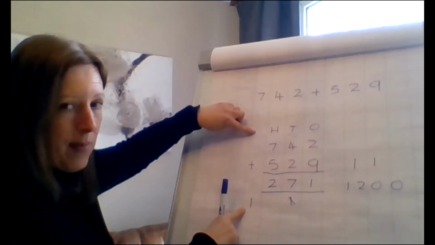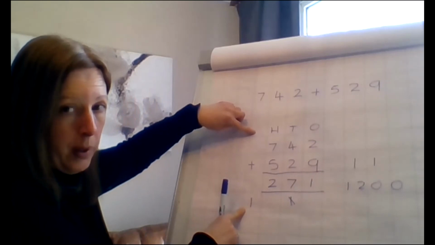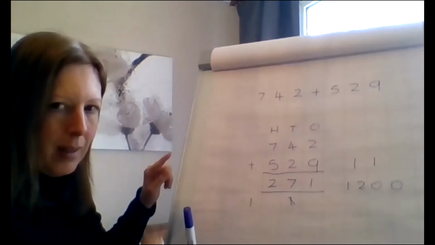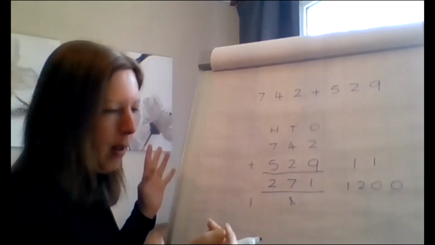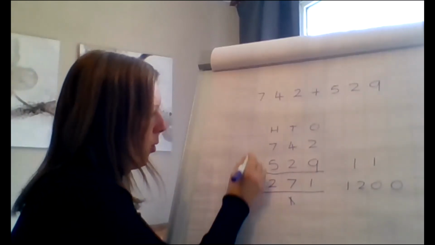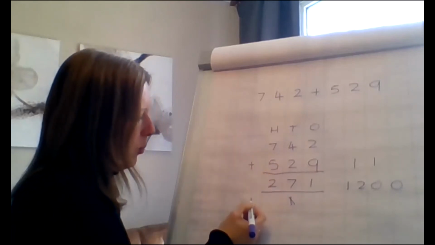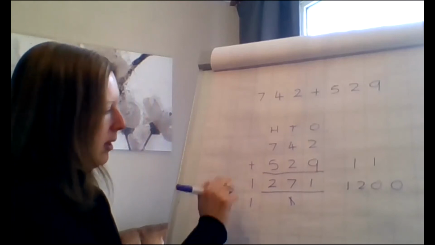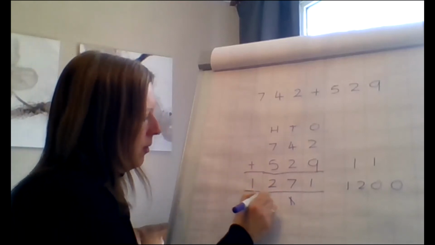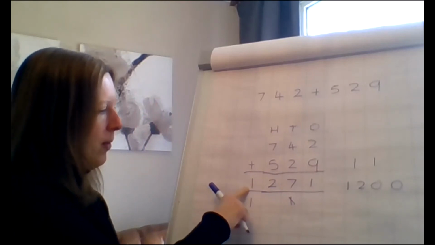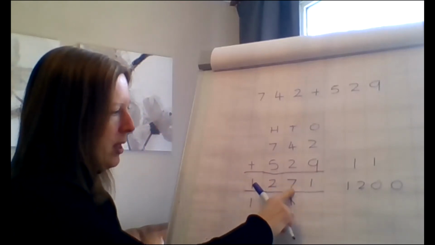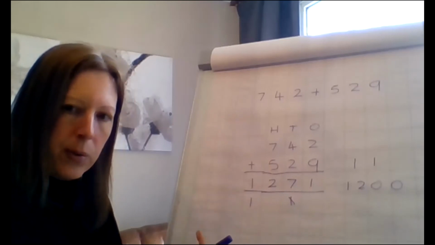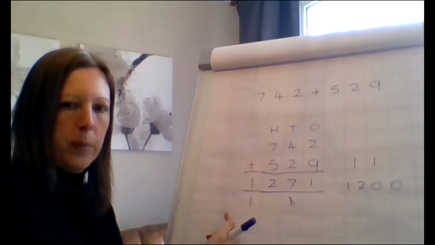I actually don't have a thousands column there at the moment because we're only looking at 3-digit numbers, but it doesn't matter because I can just create a thousands column. So my 1, I haven't got any other thousands here, but my 1000 that I've now got here, I'm going to bring it over into here. So I've now got my answer of 1271. So we're still carrying over if we need to carry over and making a new column, okay?